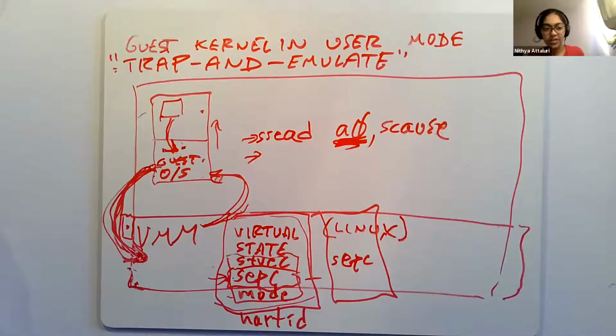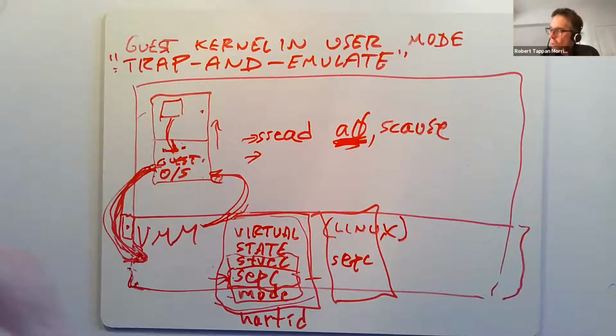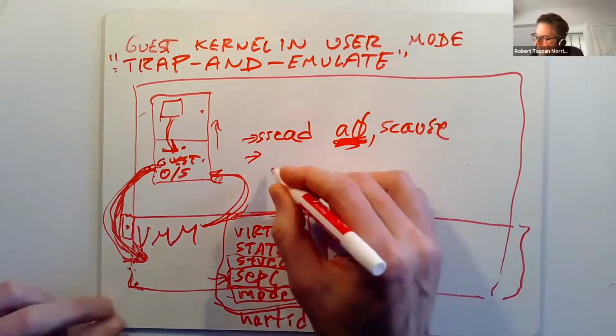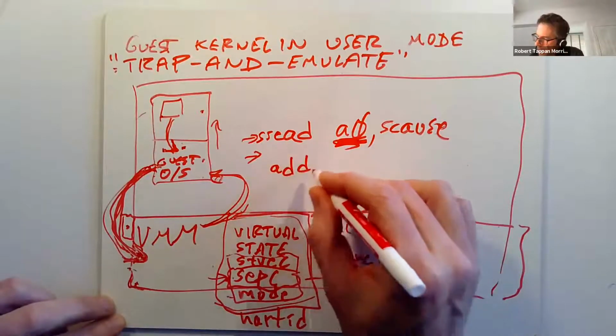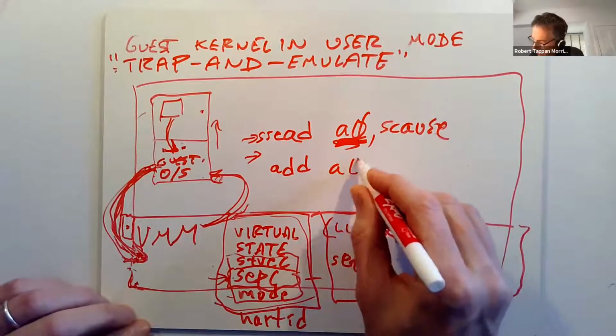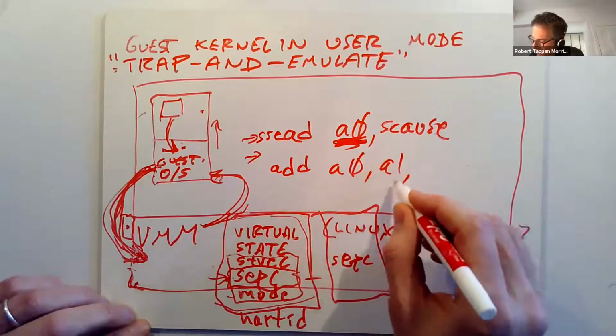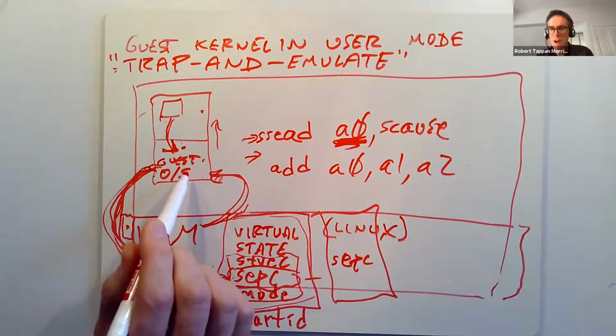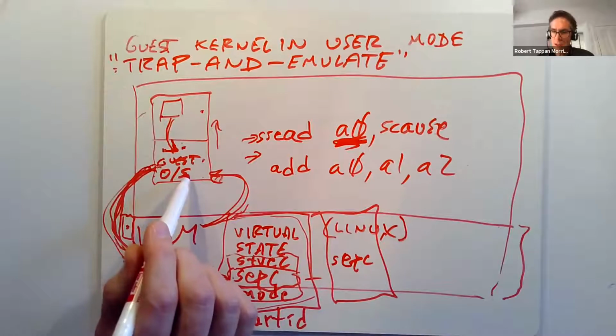I have a quick question. Does anything actually run in the guest OS itself, or does it always trap into the virtual machine monitor? All ordinary instructions, like an add instruction that adds, let's just say you add A0 to A1 and you want to put the result in A2, that instruction just executes directly on the hardware at full hardware speed.